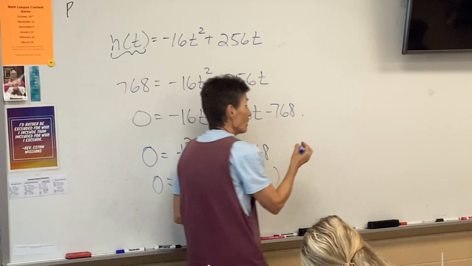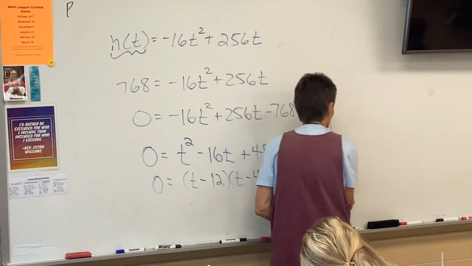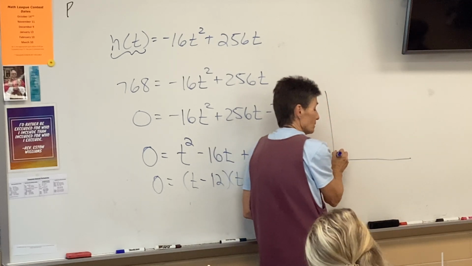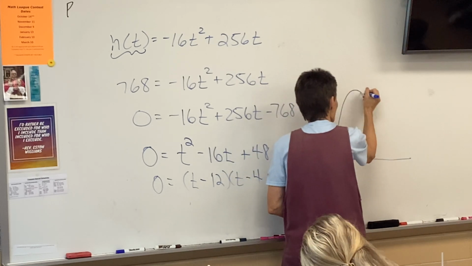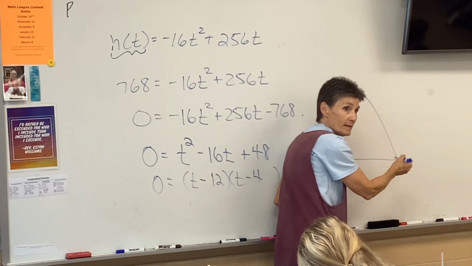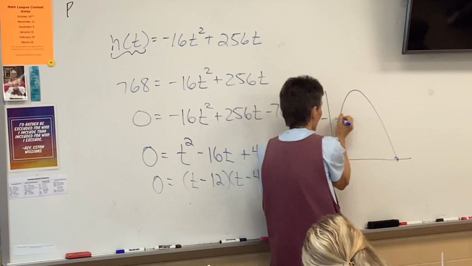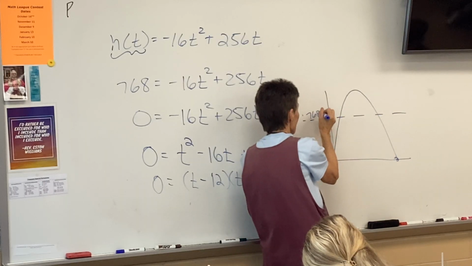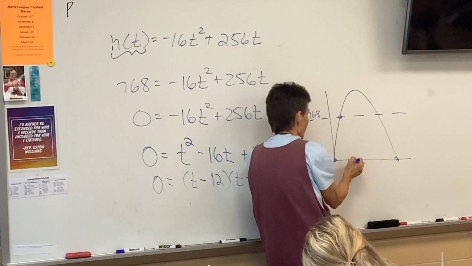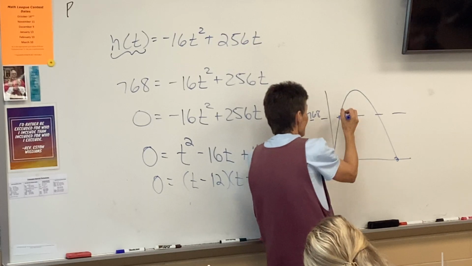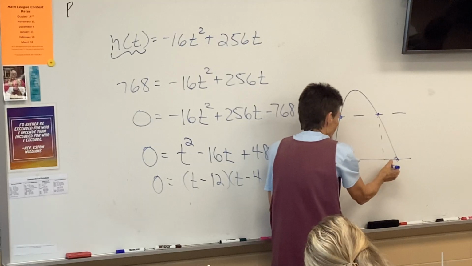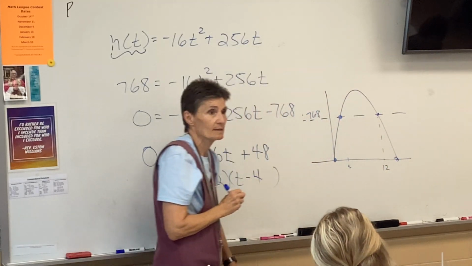Okay, so if you think about a picture of this, the ball starts on the ground, it goes up in the air, and eventually it's going to hit the ground again, right? And up here somewhere is 768, and it crosses the 768 line on the way up at 4 seconds, and it crosses the 768 line on the way down at 12 seconds.